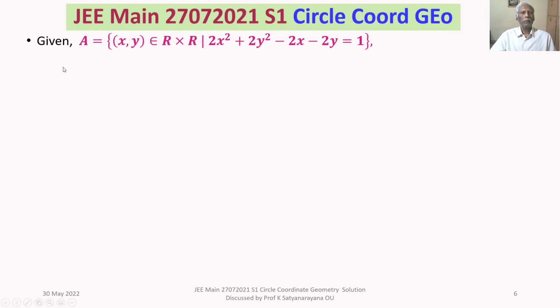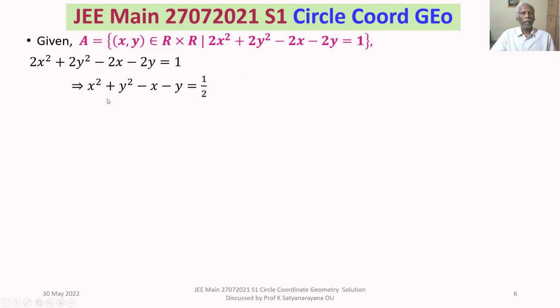We are given A, the set of all ordered pairs (x, y) belonging to R cross R such that 2x² + 2y² − 2x − 2y = 1. Let's take this equation and divide throughout by 2.